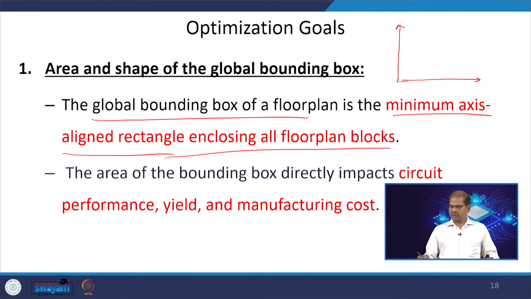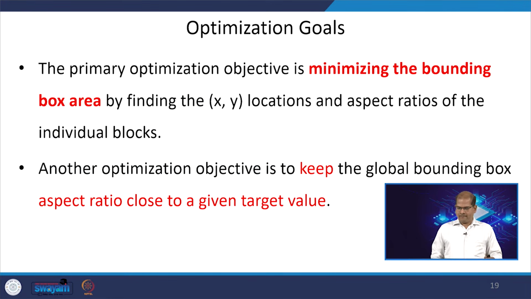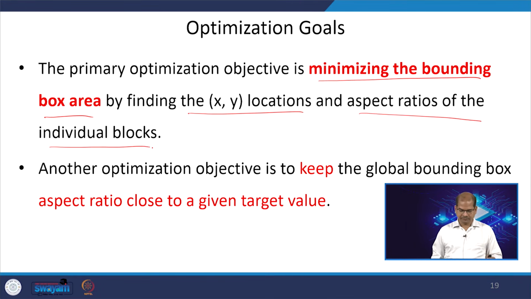The overall area of the bounding box aligned with your axes comes under the category of global bounding box. The area of the bounding box directly impacts your circuit performance: the overall speed of your design, manufacturing cost and finally, the yield of your product also. So, the prime objective is to minimize the bounding box by finding the xy locations and aspect ratio of the individual blocks.